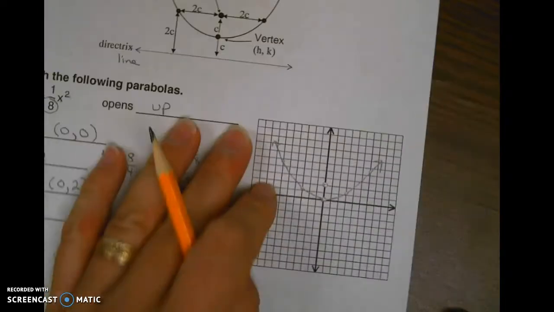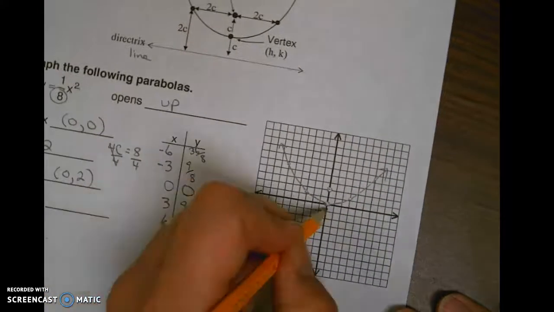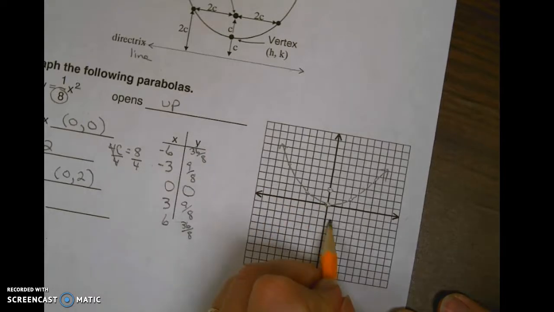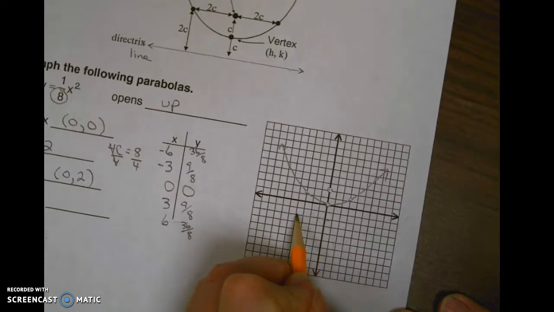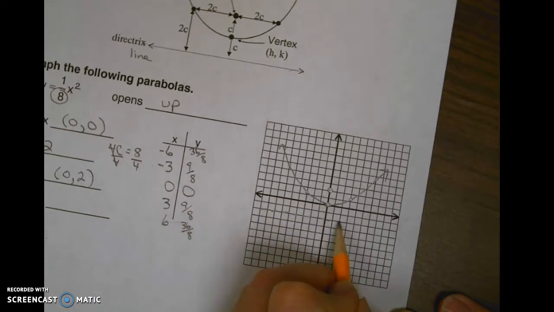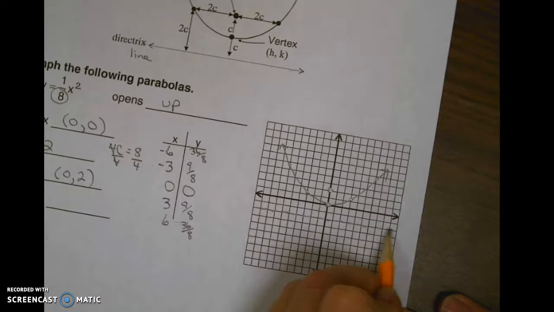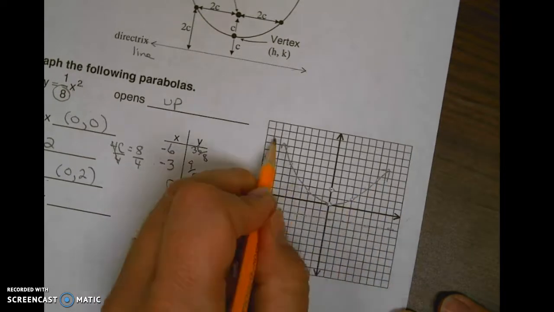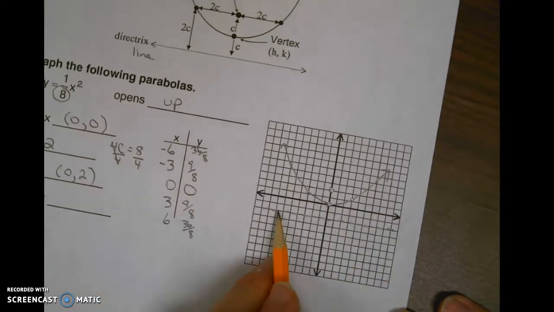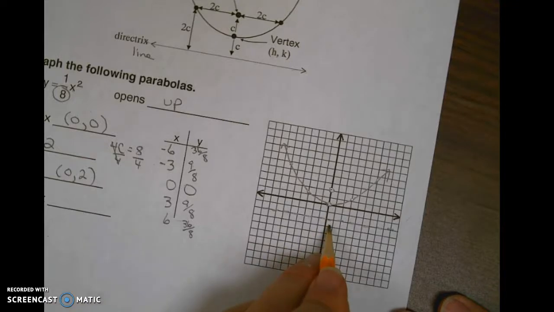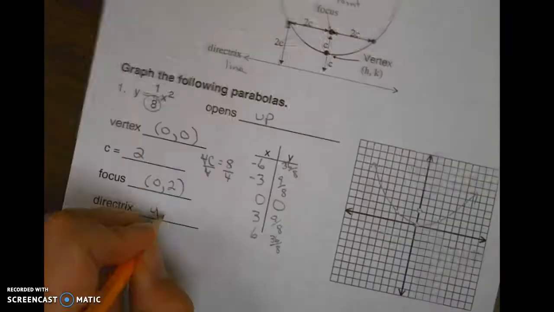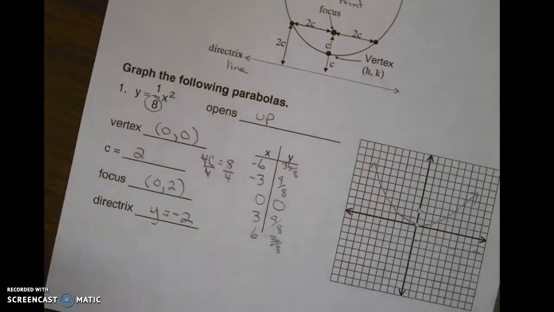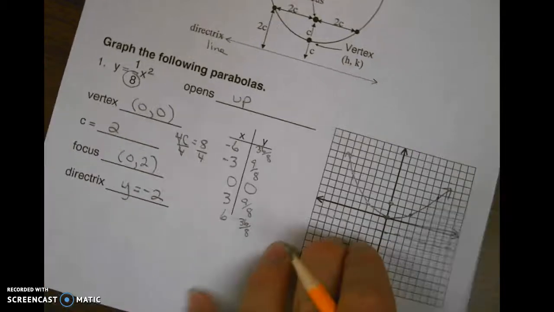So going 2 units the other direction, 1, 2, and this is going to be our directrix. I'm going to use a dashed line because the solid portion is our actual parabola. So that's going to be y equals -2. And that's how you find the focus and the directrix.